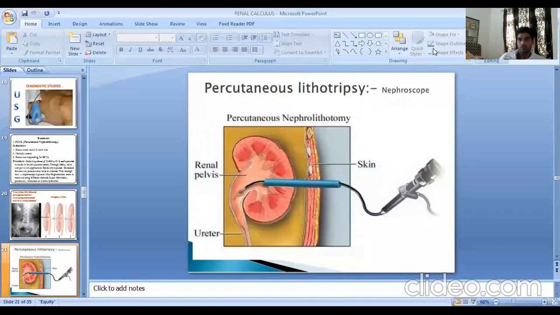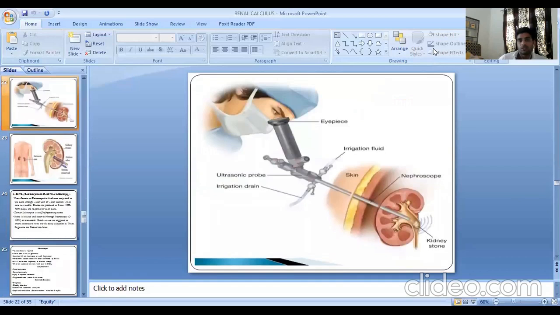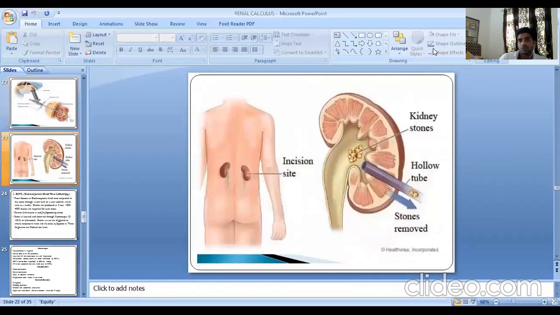As you can see, the nephroscope, renal pelvis, ureter. This is the consequence of this percutaneous nephrolithotomy. Here, as you can see in the renal stone, the part of the calyx and renal pelvis.